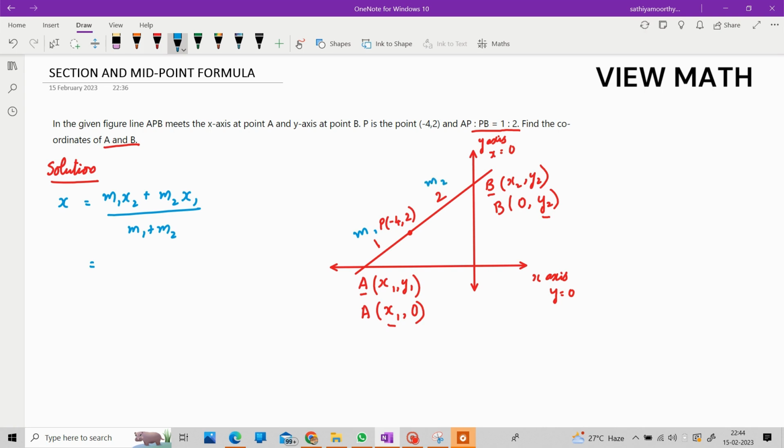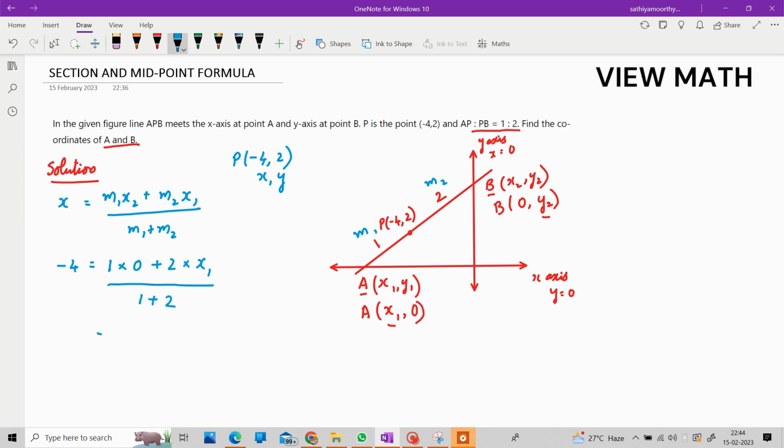Now we know P is (-4, 2), so this is (x, y). X is -4, m1 is 1 into x2, and the x2 value is 0. So let me substitute 0 plus m2 is 2 into x1, the x1 value stays x1, divided by m1 plus m2, it is 1 plus 2.